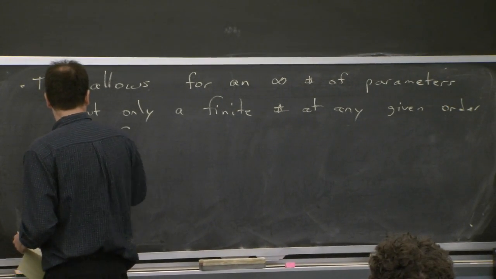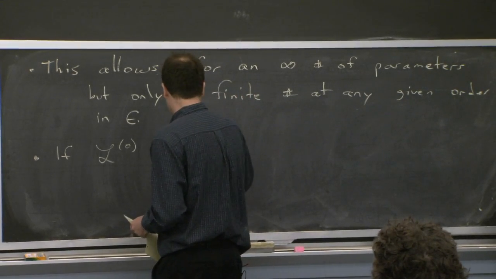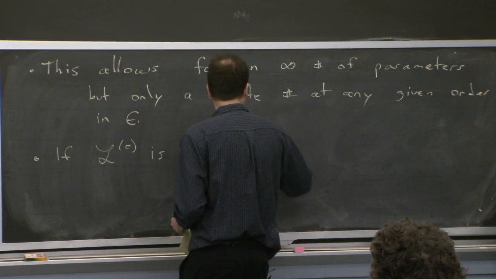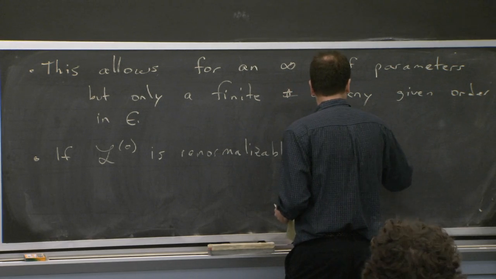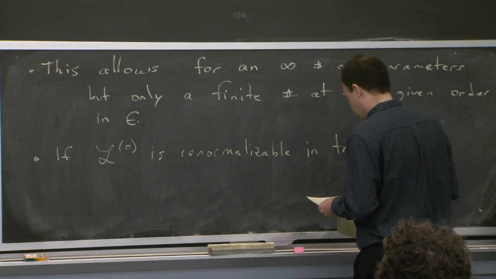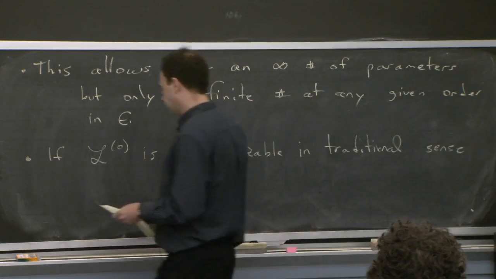It could turn out that your L0 in your expansion is renormalizable in the traditional sense, rather than this more general sense. And if that's true, what it means is that you don't see the higher energy scales from your lowest order Lagrangian.